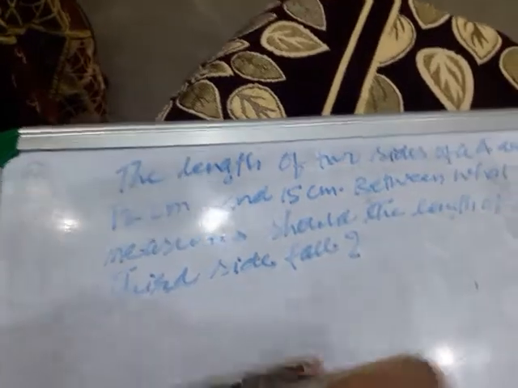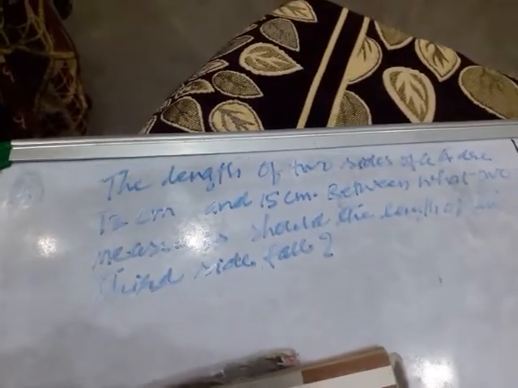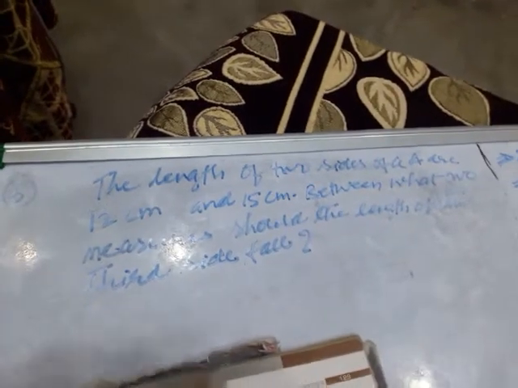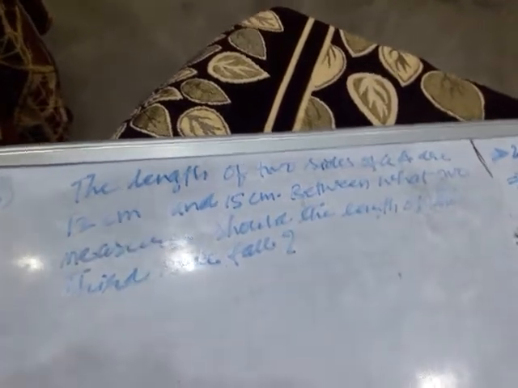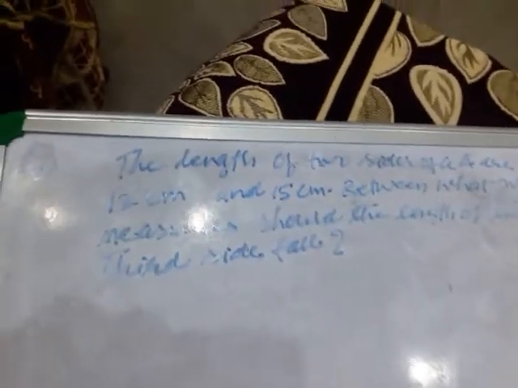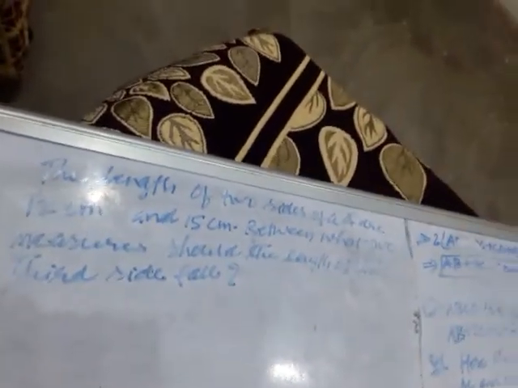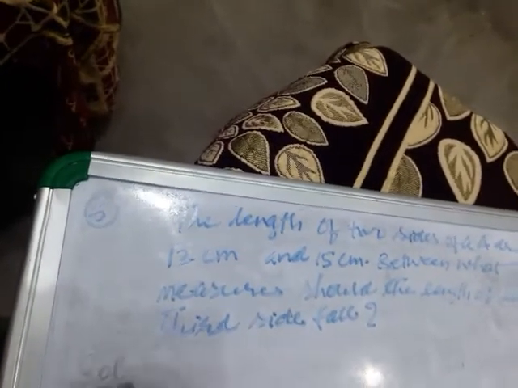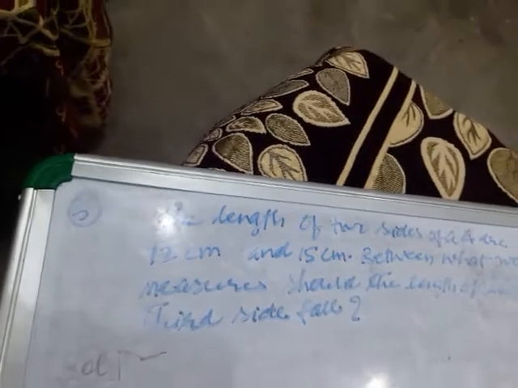What is its simple meaning? The meaning of the question is that two sides of a triangle are given. Now between what two measures should the length of the third side fall? You have to find out how. Let us start the solution.